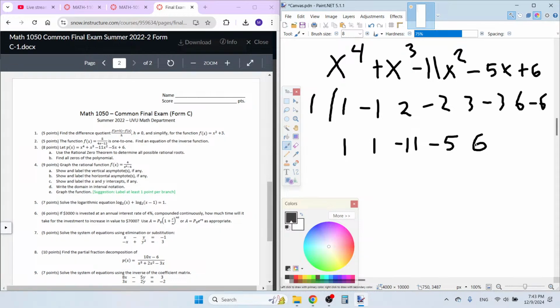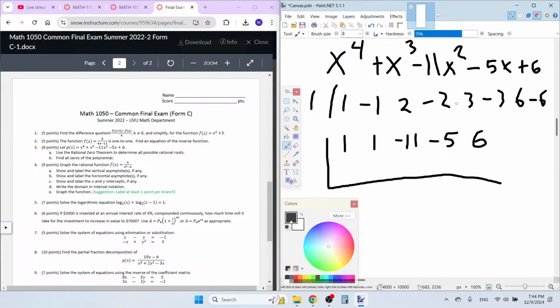We should make sure that when we're setting it up, if there happens to be a term that's skipped, then we have to put a 0 in as a placeholder. So we don't have that, but if it had gone from x to the fourth and skipped to x squared without an x to the third term, we would need to put a 0 in this location to cover for that.